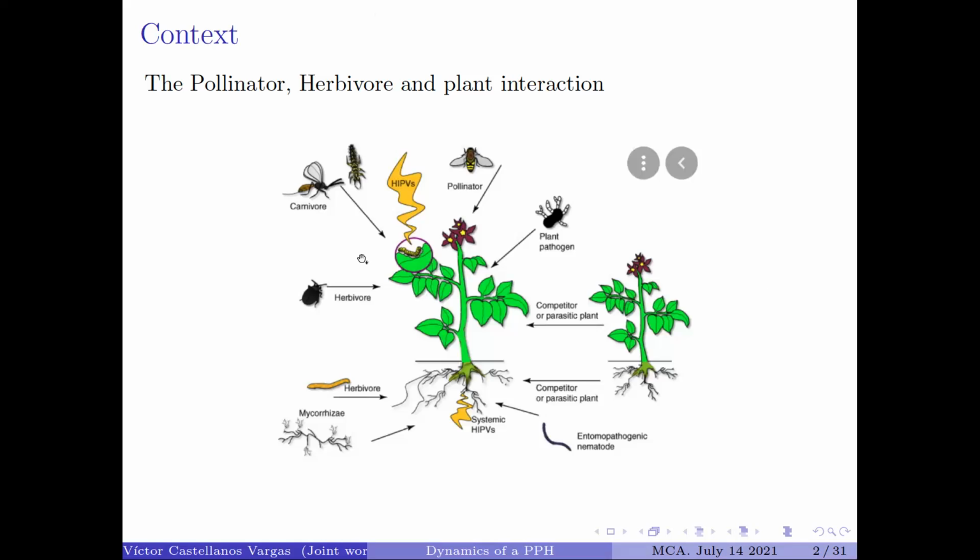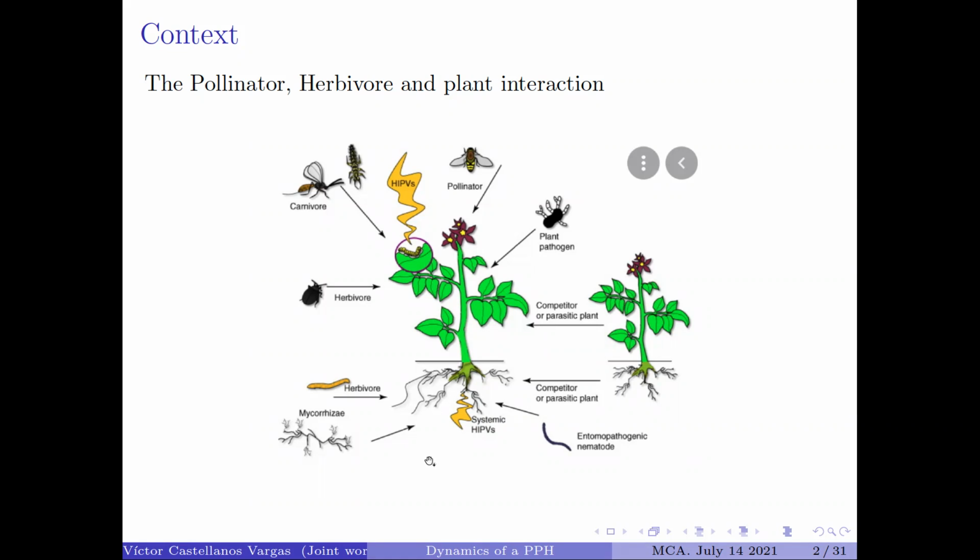I say that plant growth depends on many factors as shown in the figure. For example, we have an herbivore and we have a pollinator and another problem in the ecosystem. Observe that the relation between the pollinator and the herbivore occurs indirectly through the plants.